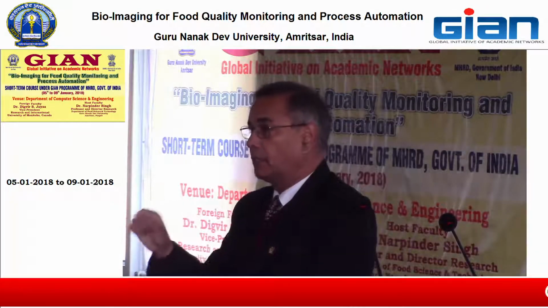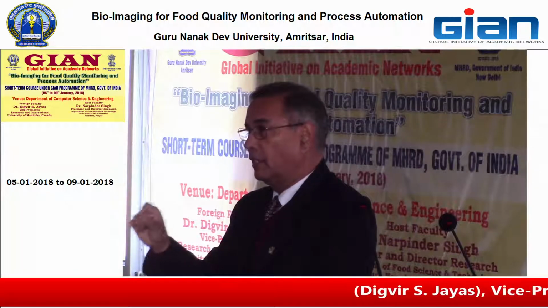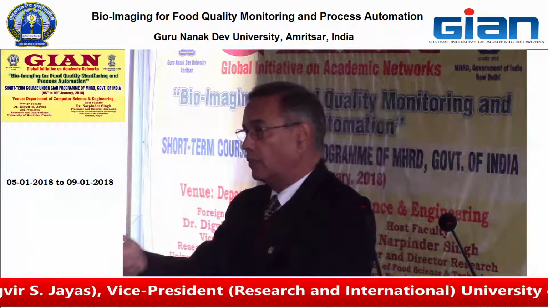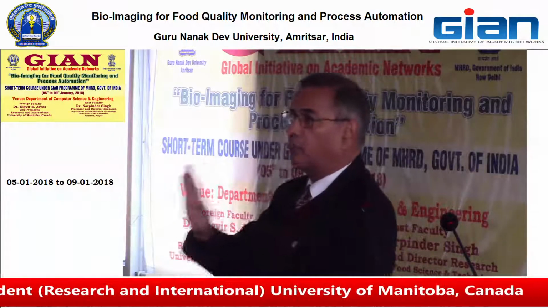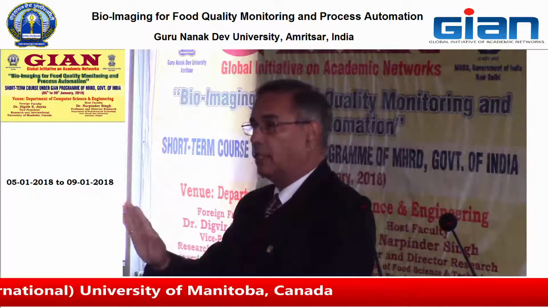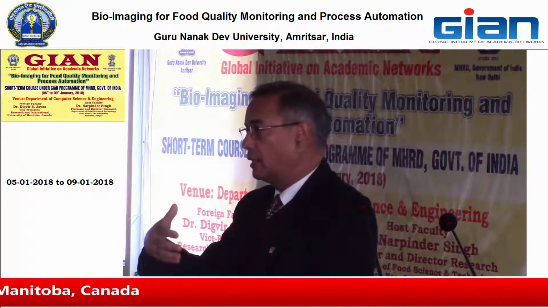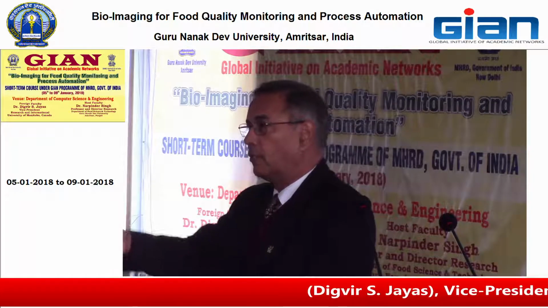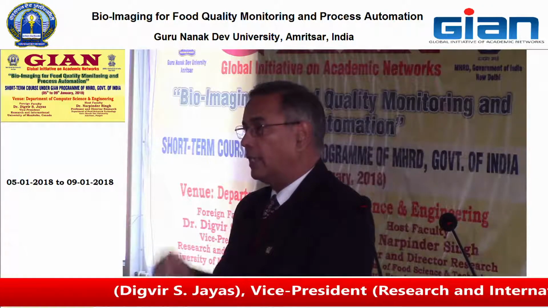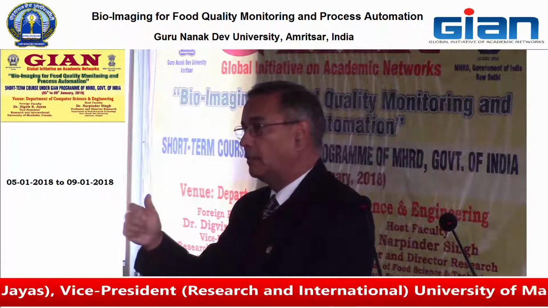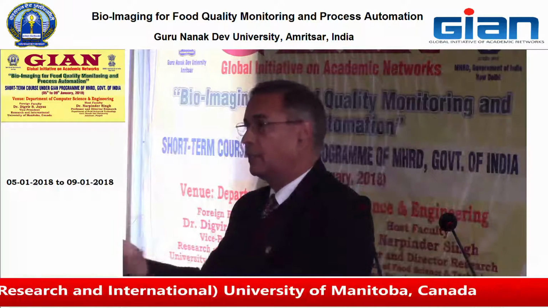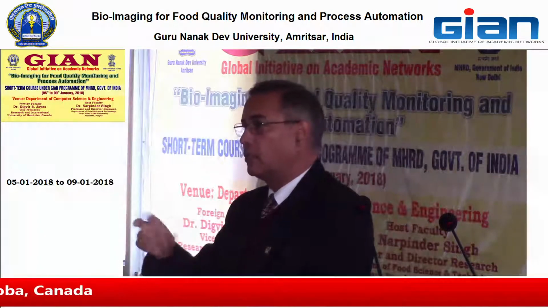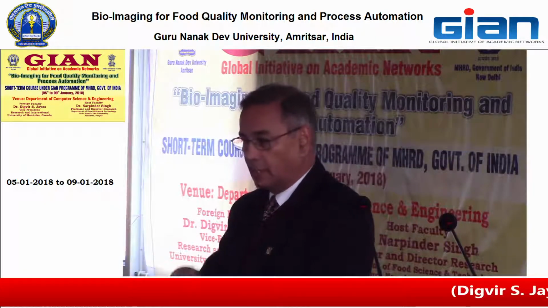Every kernel passes that sensor, and it notices a different mean value of the color. For example, if you were looking at white rice, you can set the white rice to give you a reflectance closer to, say, a gray level of 200, and anytime the sensor sees anything different than 200, it triggers that it is not a rice kernel. That's the principle the Satake sorter is using, but the idea is the same.